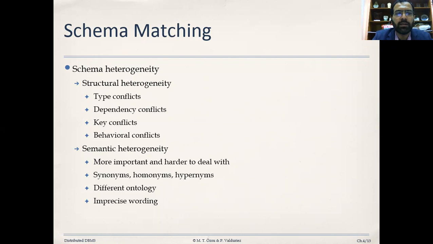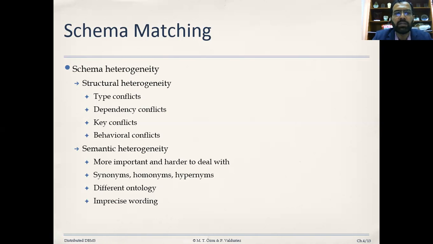Schema matching involves two important aspects. One is called the schema heterogeneity, which basically includes the structural heterogeneity and the semantic heterogeneity. When I say structural heterogeneity, it means that we are talking about a construct. Whatever definitions we have in the given relation is represented in terms of structural heterogeneity.